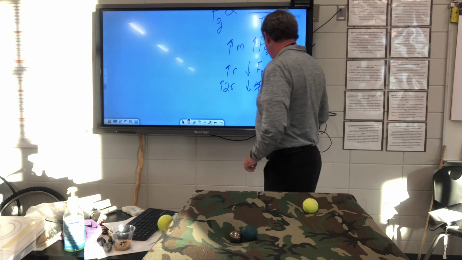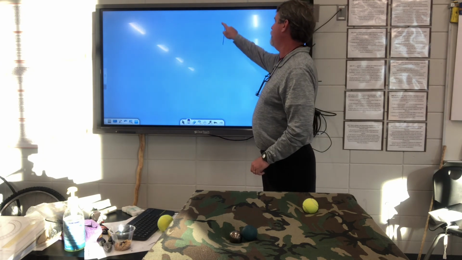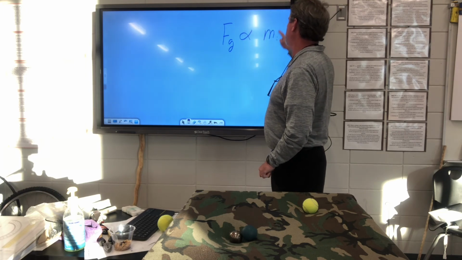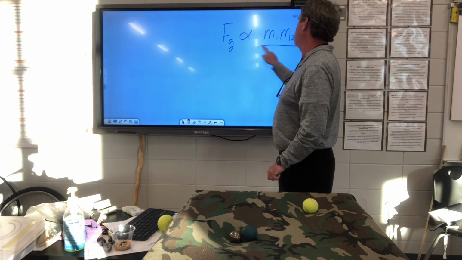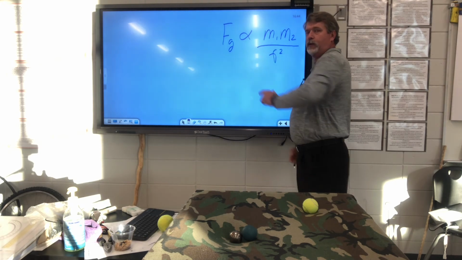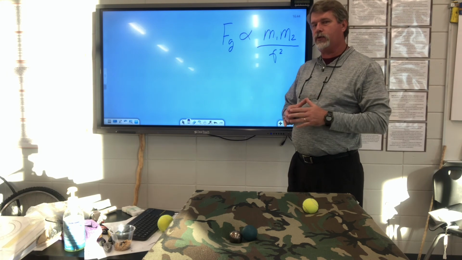Okay? Now, that brings us to, we said earlier that the force of gravity is proportional to mass 1, mass 2 over the radius squared. Well, there has to be a way to make this proportion become an equality. What makes them equal to each other?